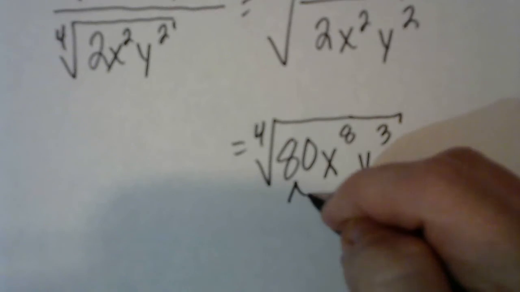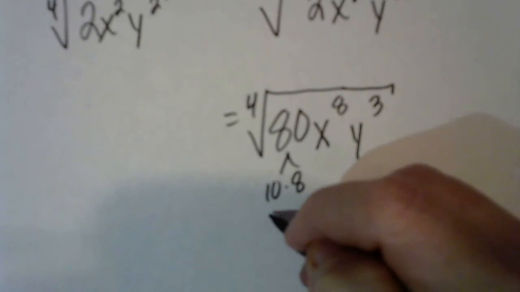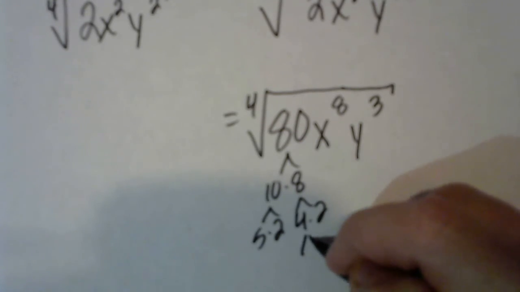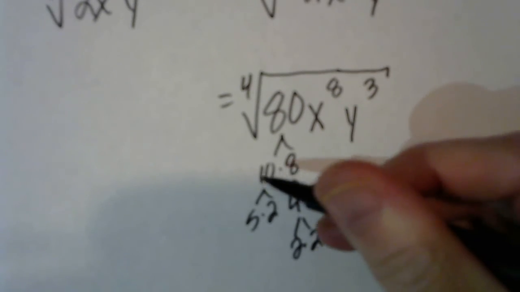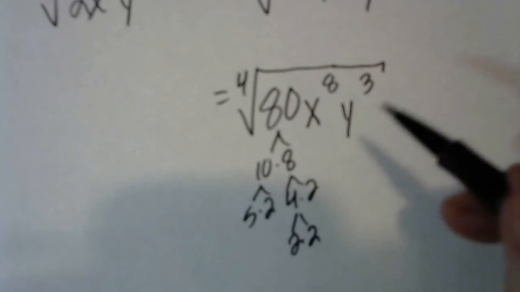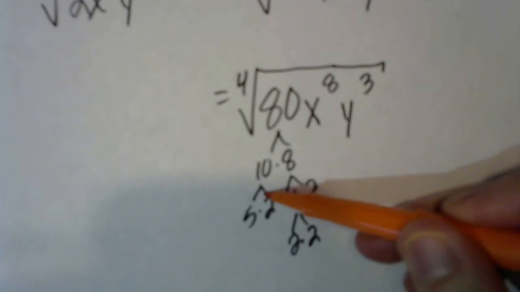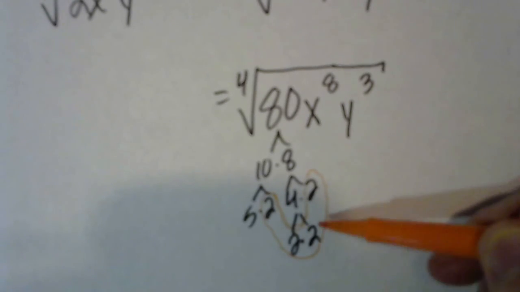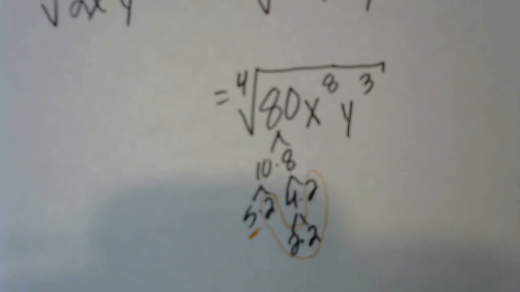But I also know I need to do a factor tree for 80 and figure out what I have. 10 times 8, and then I break down the 10, 5 and 2. The 8 is 4 and 2. I need groups of 4. And here's my group right there. So there's 4 2's. This is the only thing that has to stay in.